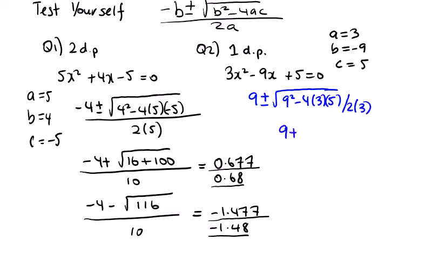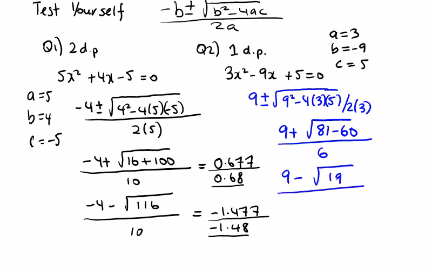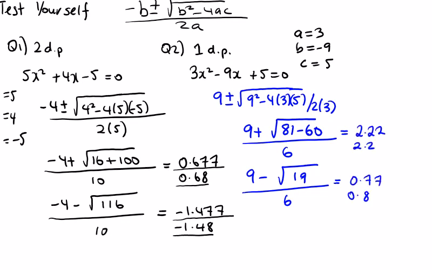So we have 9 plus the square root of 81, and it's going to be a negative this time. 4 5s are 20 by 3 is 60, divided by 6, and we have 9 minus the square root of 81 minus 60, which you can see is 19 in the second part, divided by 6. So write your answers this time to 1 decimal place, and you get 2.22, which rounds off to 2.2, and 0.77, which rounds off to 0.8.